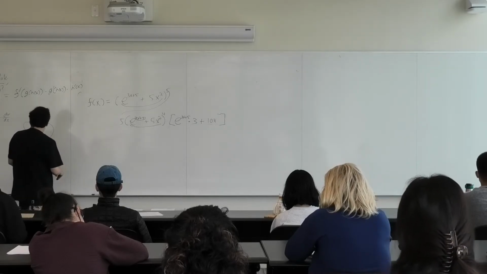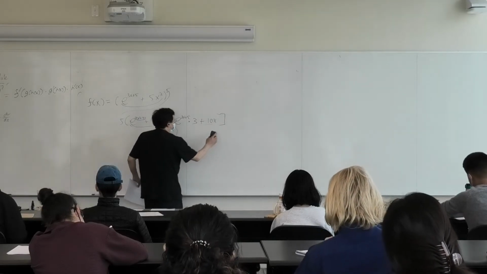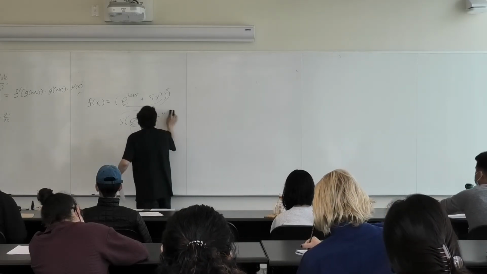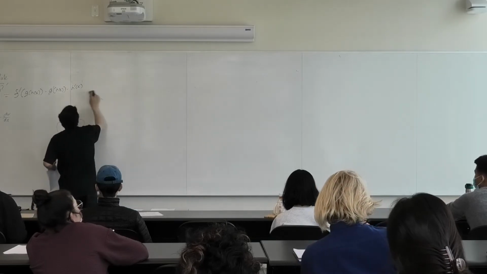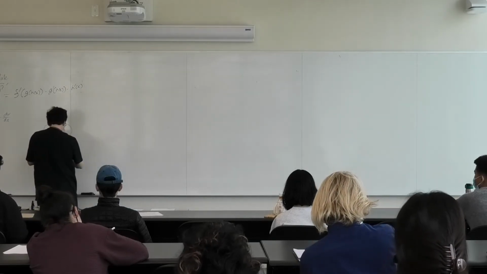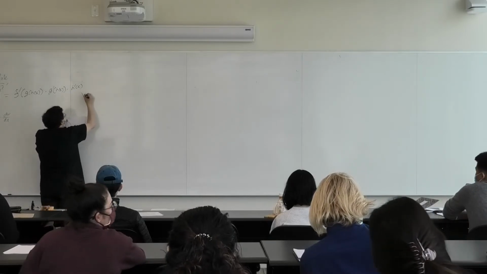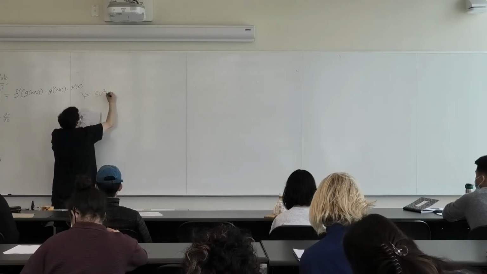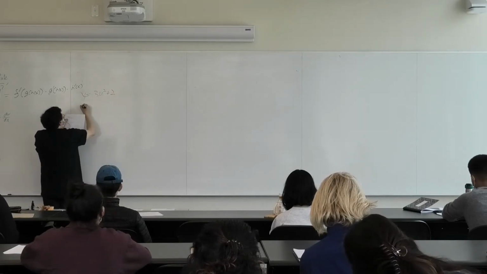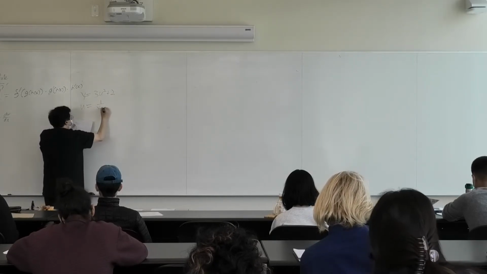All right. New problem. This one, just so you have exposure to it, I'm going to do using the Leibniz notation. I'm going to say y equals 3u squared plus 2, and u equals 1 over x minus 1.